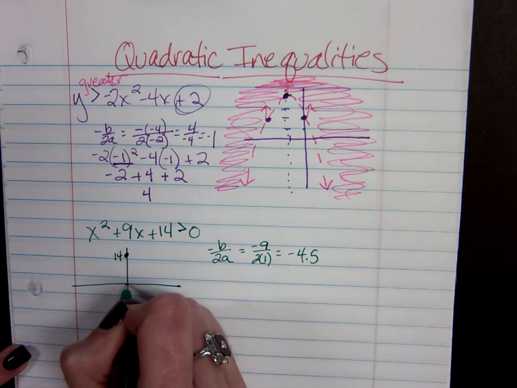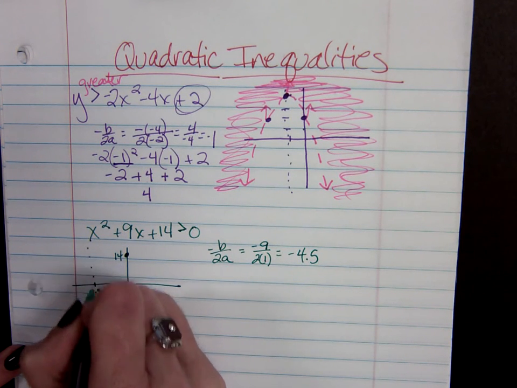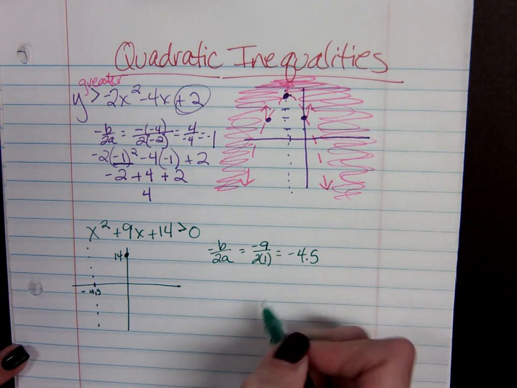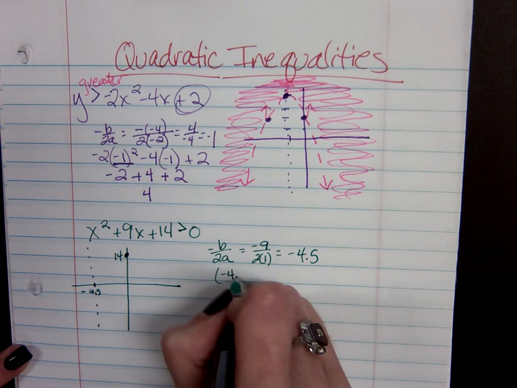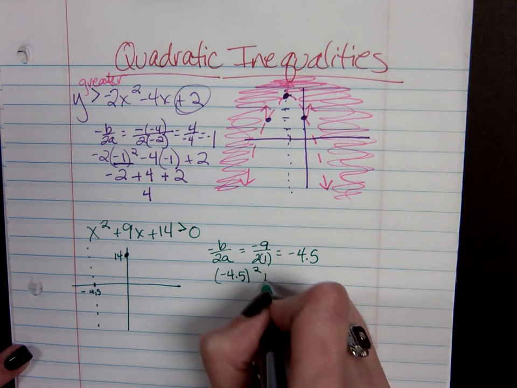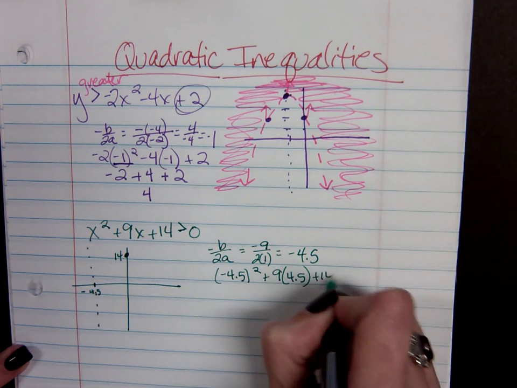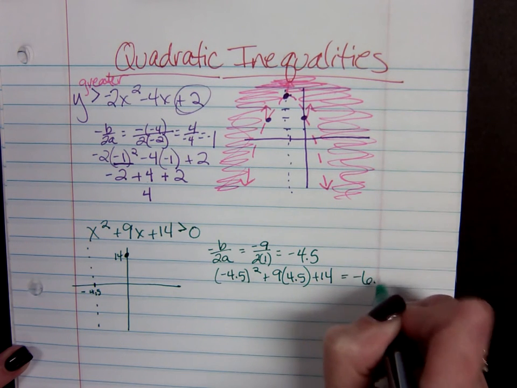I can go in the negative direction and call this 4.5 and draw my axis. When I plug that back in, negative 4.5 squared plus 9 times 4.5 plus 14, and I do the number crunch, I'm going to get negative 6.25.